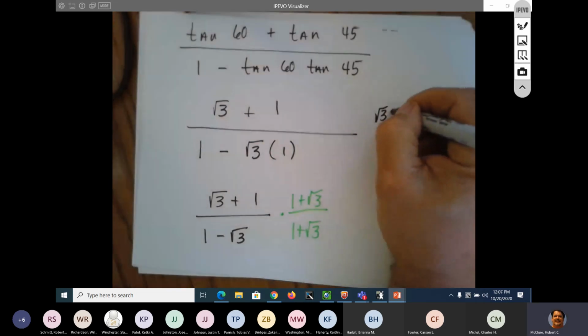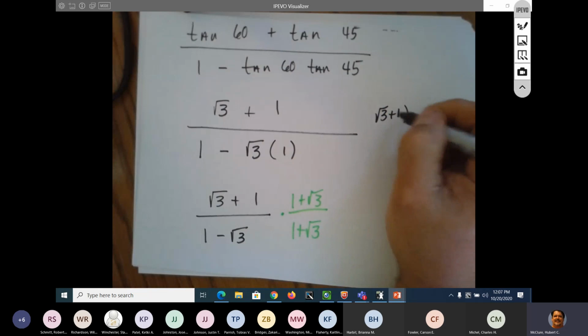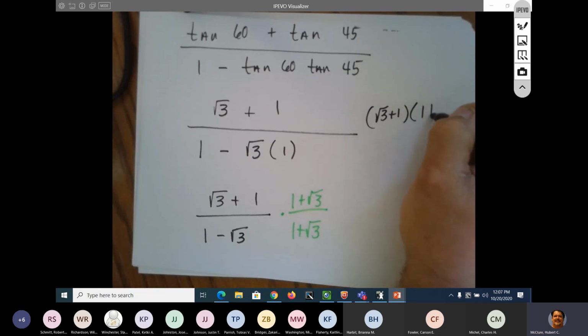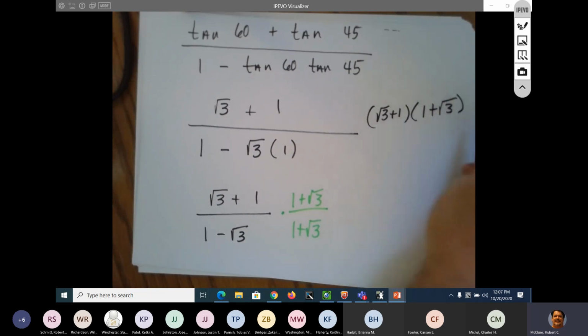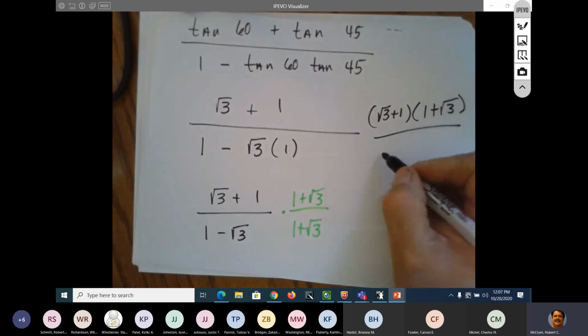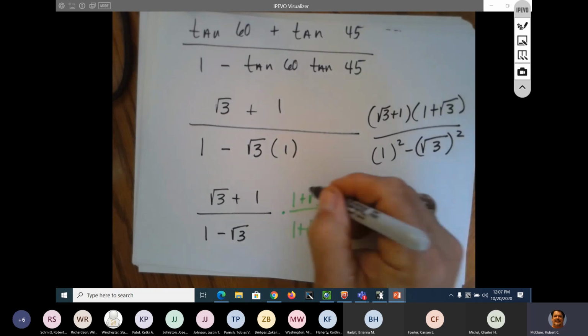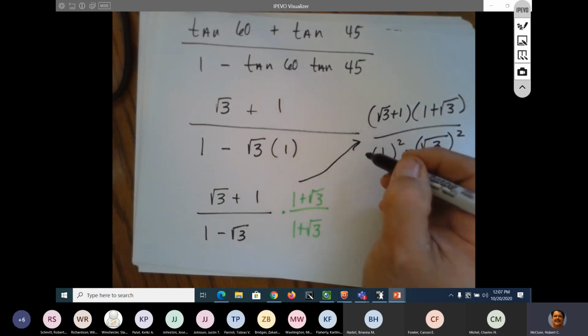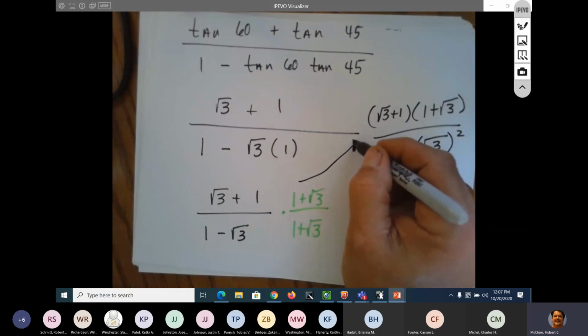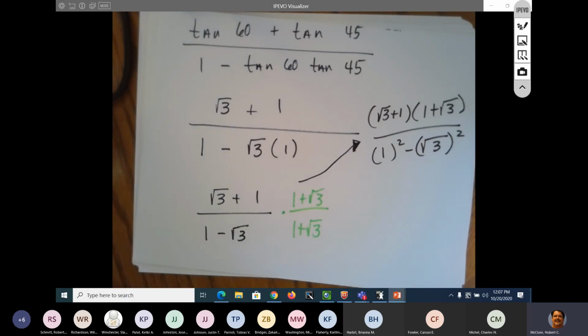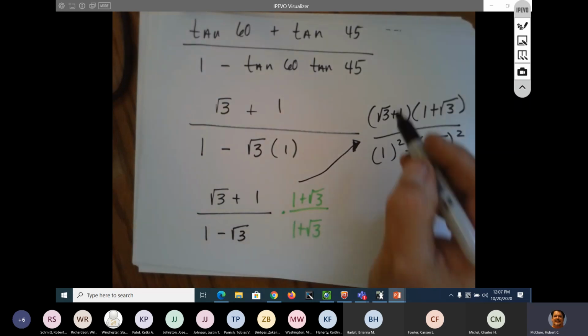Square root of 3 plus 1 times 1 plus square root of 3, over 1 squared minus square root of 3 squared. Use my FOIL method first.